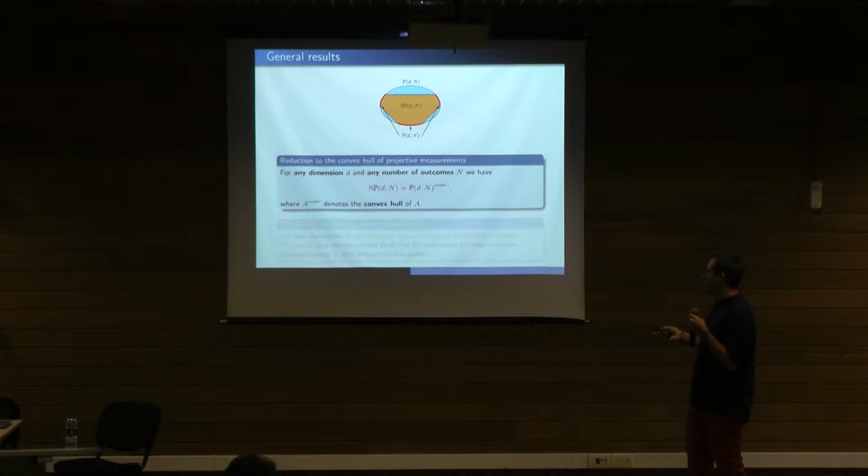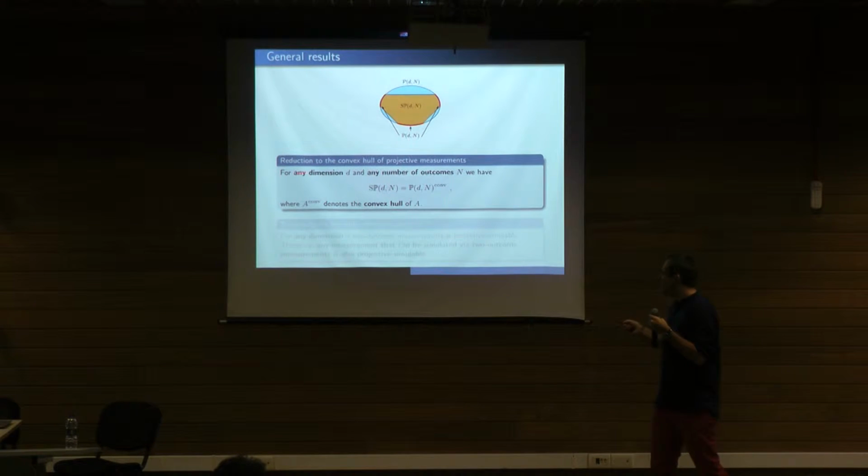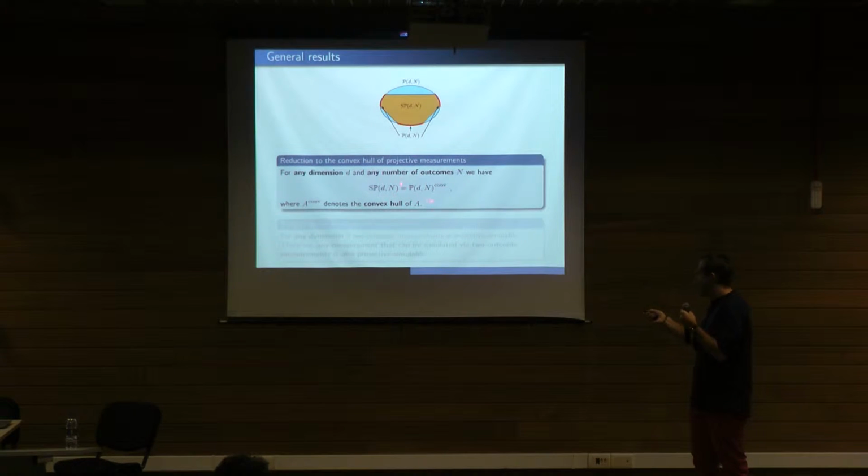one general result that I wanted to mention is that, in general, this step of implementing post-processing is not needed, in the sense that for a specific number of outcomes and specific dimension, if I'm interested in projective simulable measurements, then I can just take the formal convex hull of all projective measurements.